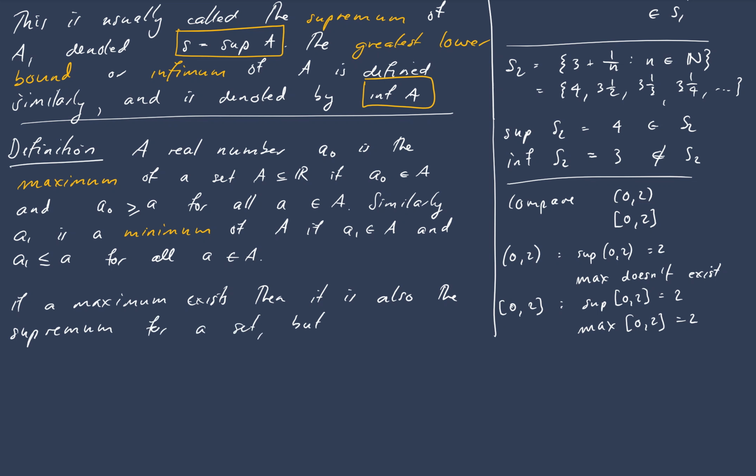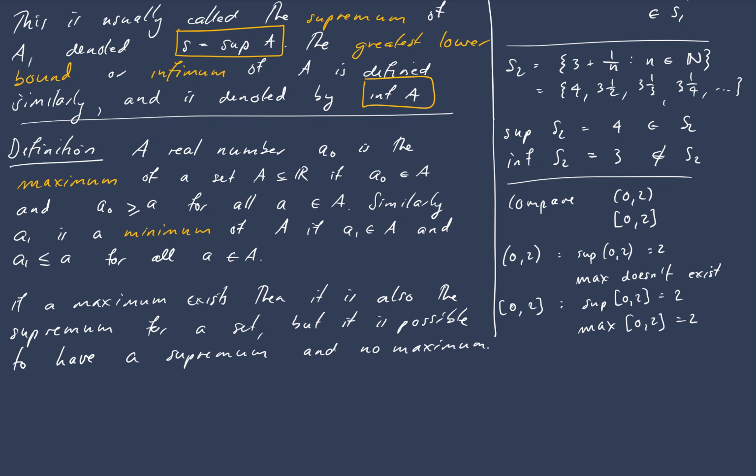But it's possible to have a supremum and no maximum. Okay, it's similar to our example with the set 3 plus 1 over n. It has an infimum, but it has no minimum because the value 3 is not a member of the set.